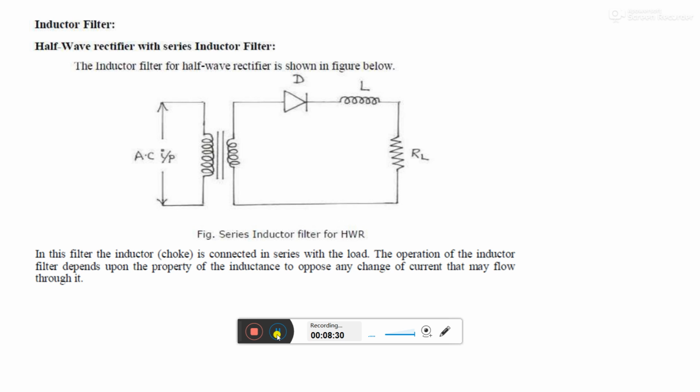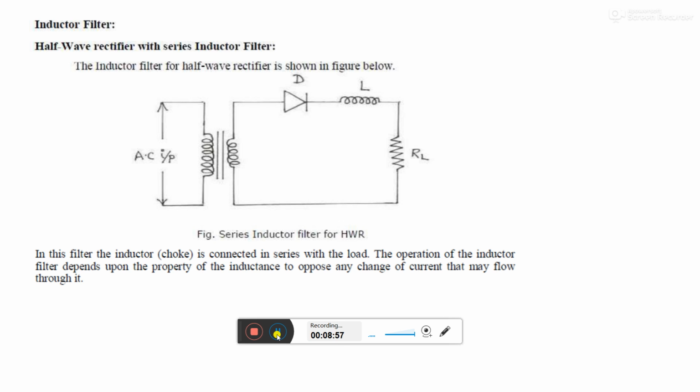Theoretically, the output of the inductor filter should consist only of DC voltage, but in actual practice, it contains a very small amount of AC component. That's why the output is called unregulated voltage or unregulated output.